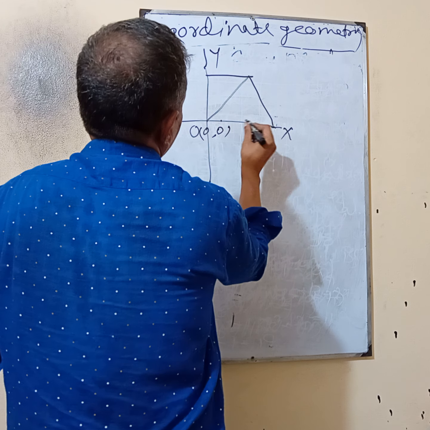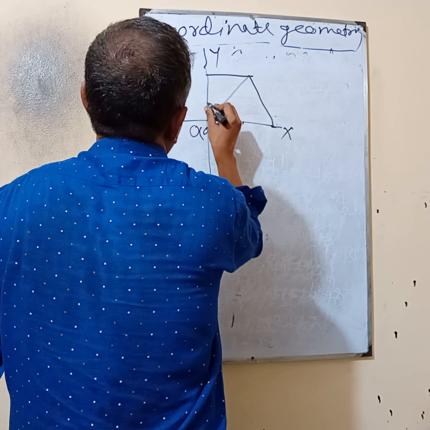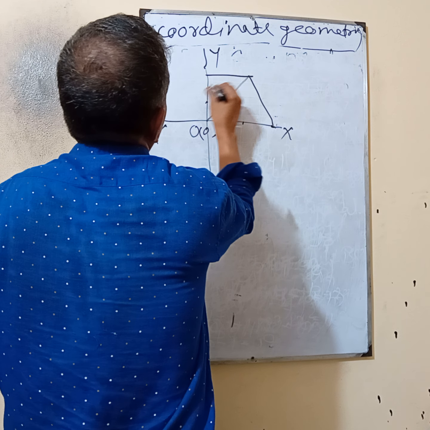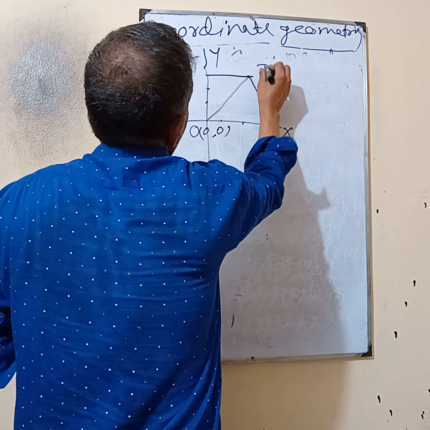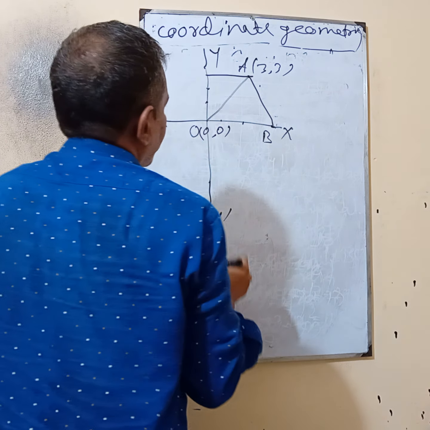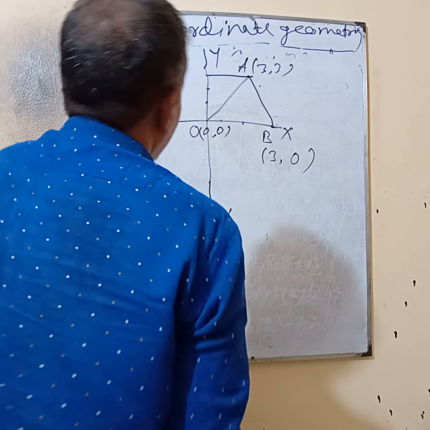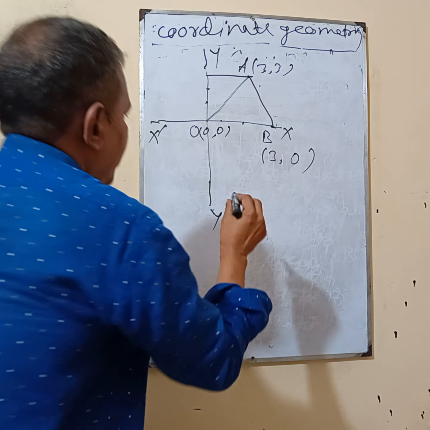Suppose it is 1, 2, 3, and 1, 2, 3. So it is the point 3, 3. O, A, B, where B is 3, 0. Now I have to discuss triangle OAB.